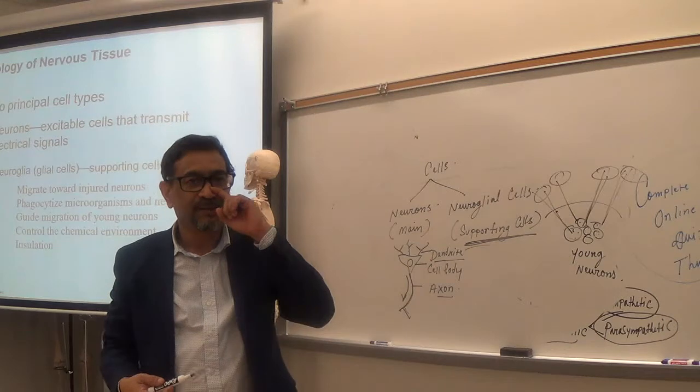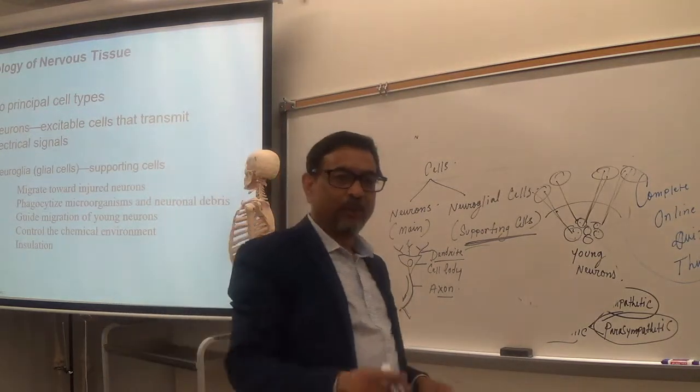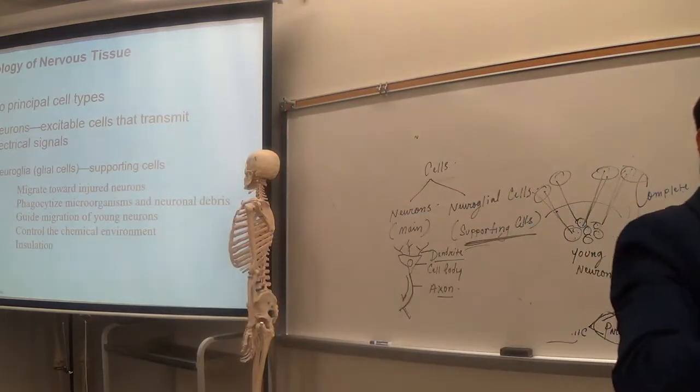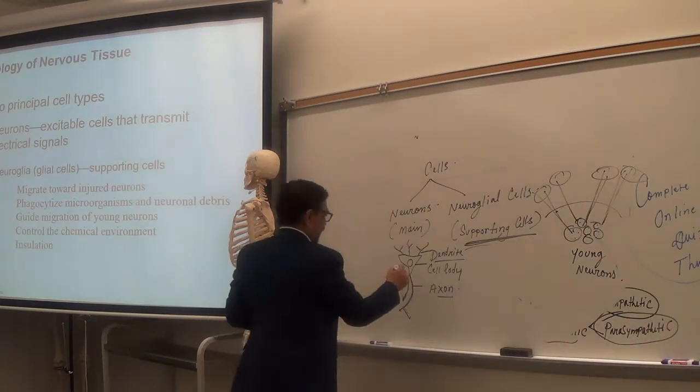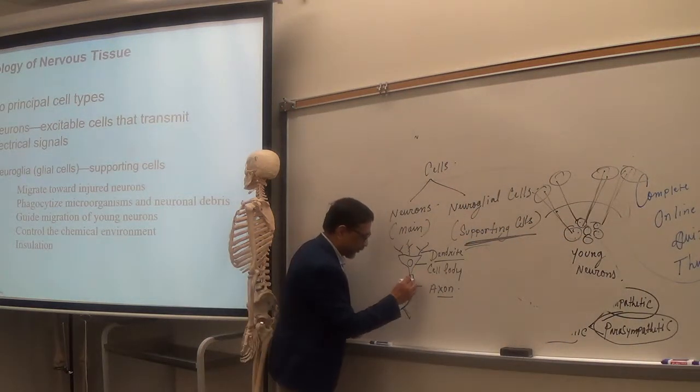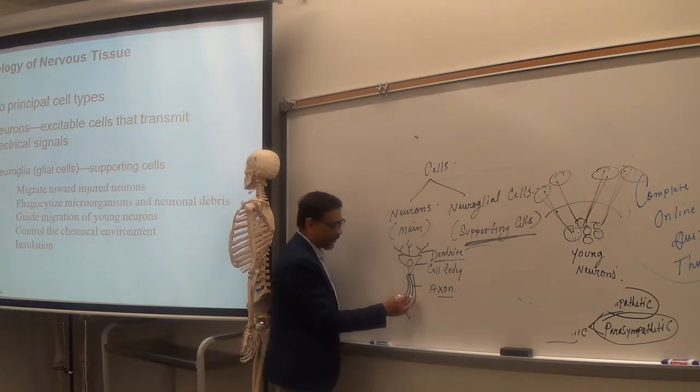Insulation. To make the transmission efficient and reduce the loss of electricity. If you cover, that will make the transmission faster and reduce the loss of electricity. So that's why insulation is very important.